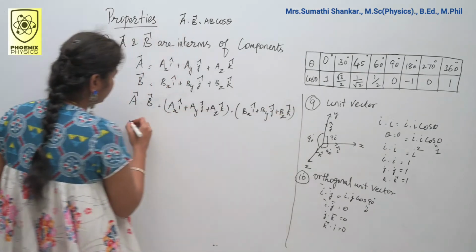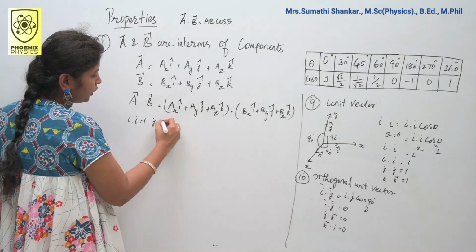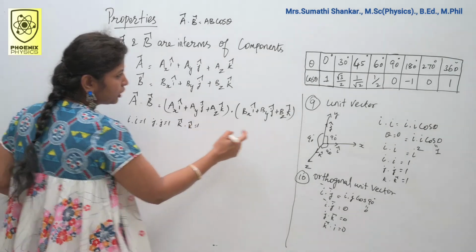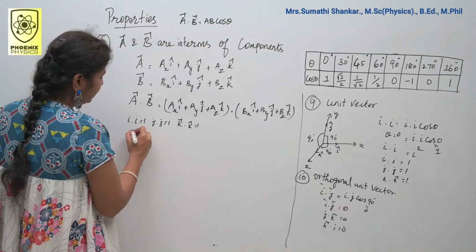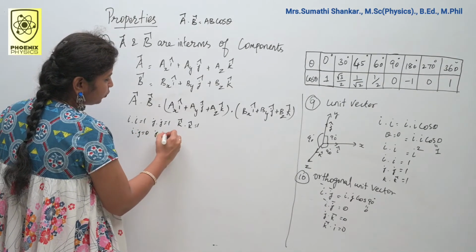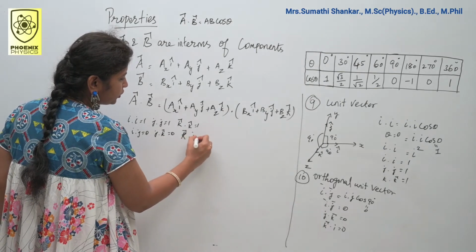You know that i dot i is equal to 1, j dot j is equal to 1, k dot k is equal to 1. Why? Because these are all unit vectors. Similarly, i dot j is equal to 0, j dot k is equal to 0, and k dot i is equal to 0. Why?